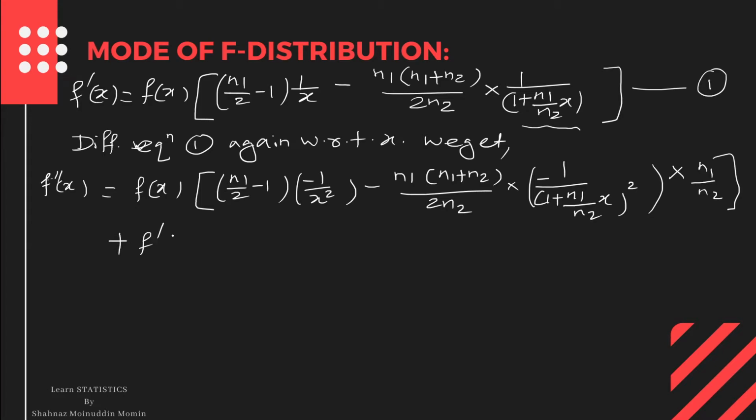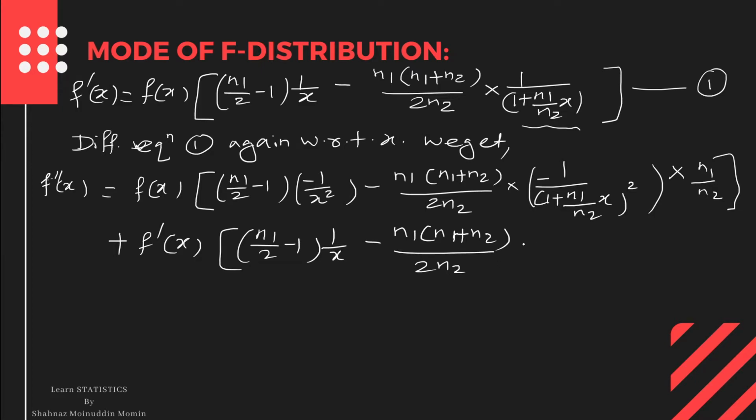Plus next is the derivative of f of x, which is f dash x, and the bracket is as it is, n1 plus n2 divided by twice n2. This derivation is something more lengthy, but if you solve the steps carefully, it will be very easy to do the differentiation.